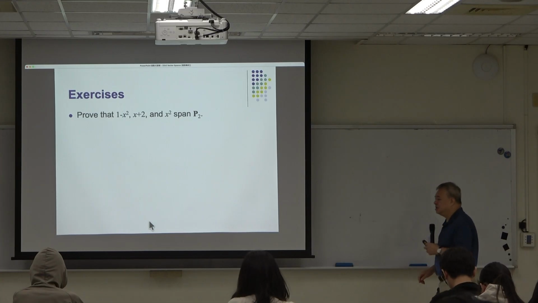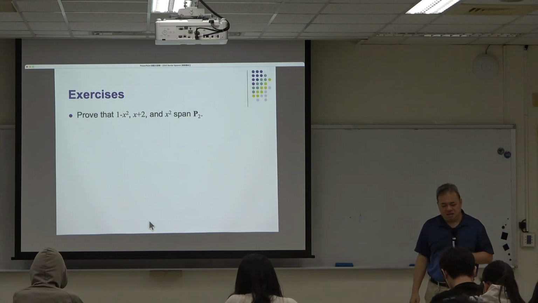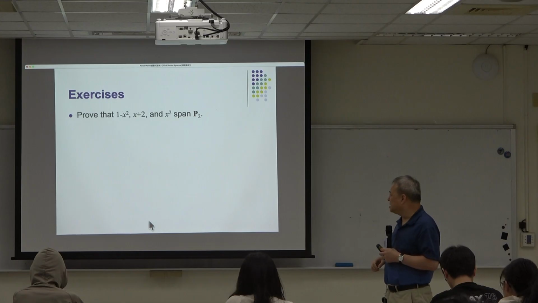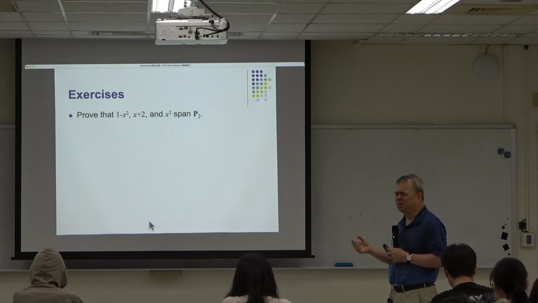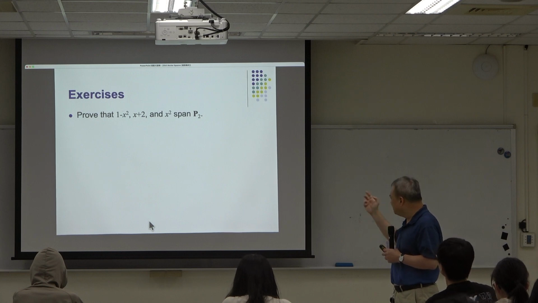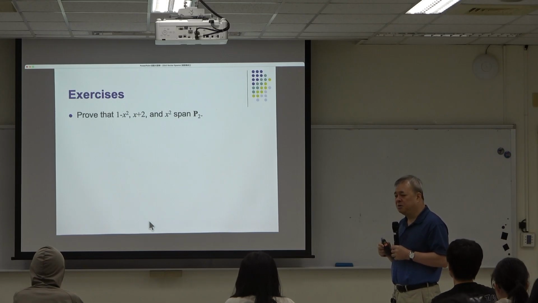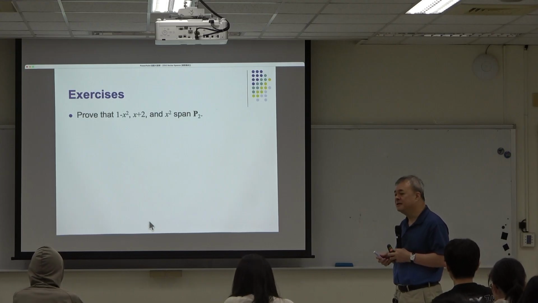As I said, linear algebra deals with not only those vector spaces, but also things that do not look like a vector space. For example, P2. What is P2? Everybody remember? It's the set of all polynomials with degree up to 2, right?